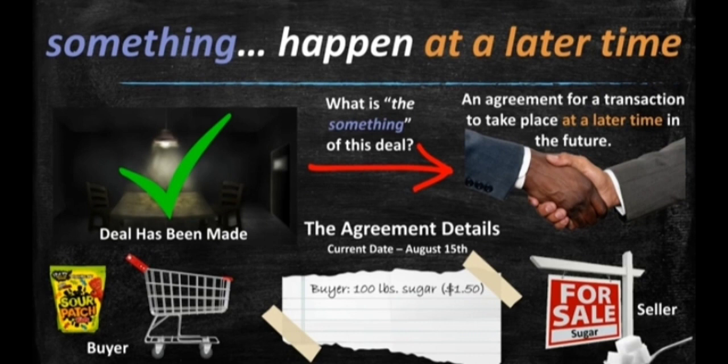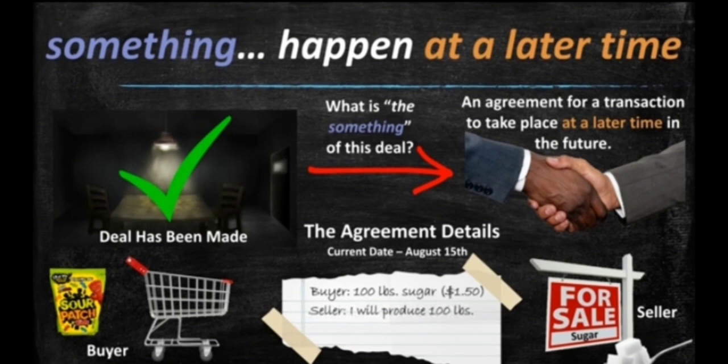So I have bought sugar for $150, and the other part of this market is the seller. The seller has produced sugar. The seller has looked at the proposal: I will produce 100 pounds of sugar.